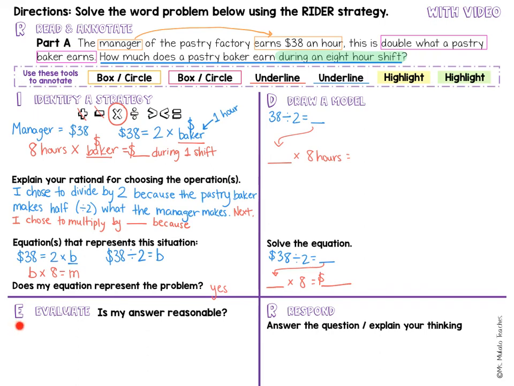Now we will evaluate. Is my answer reasonable? So our answer here, is it reasonable that this is how much money the pastry baker earns during an 8-hour shift? So we will be beginning with this sentence stem. My answer is reasonable because.